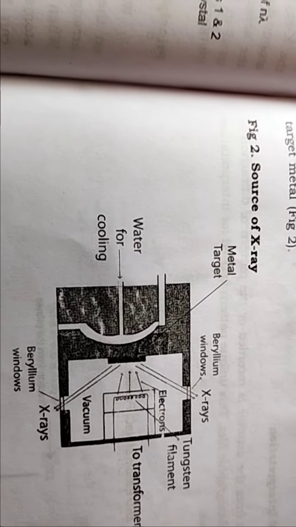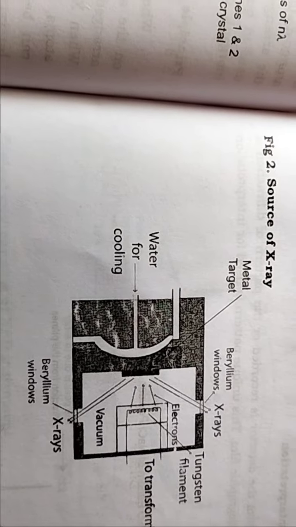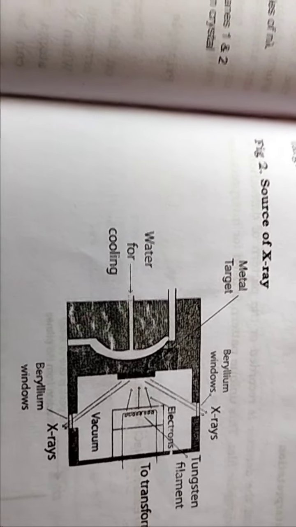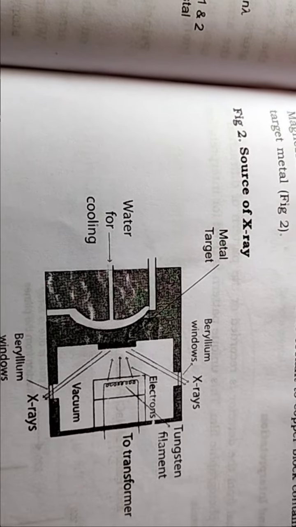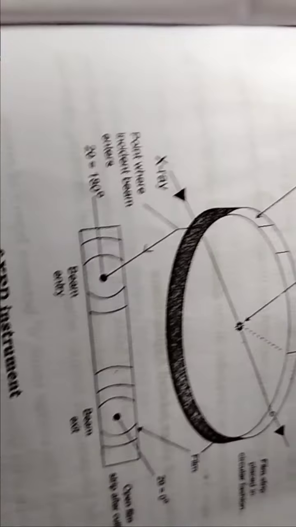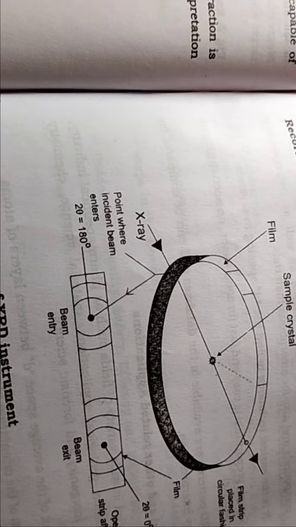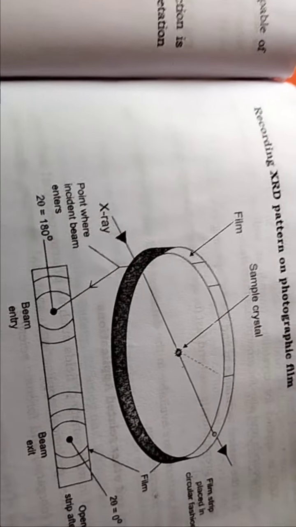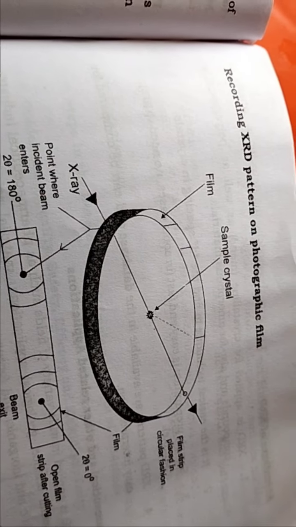Alternatively, a photographic film is placed around the sample, and the diffracted X-rays produce an image that forms a pattern. The pattern is unique, like a fingerprint, different for each crystal, and serves as an identifying mechanism. In some models, the detector is capable of rotating and capturing the signal.